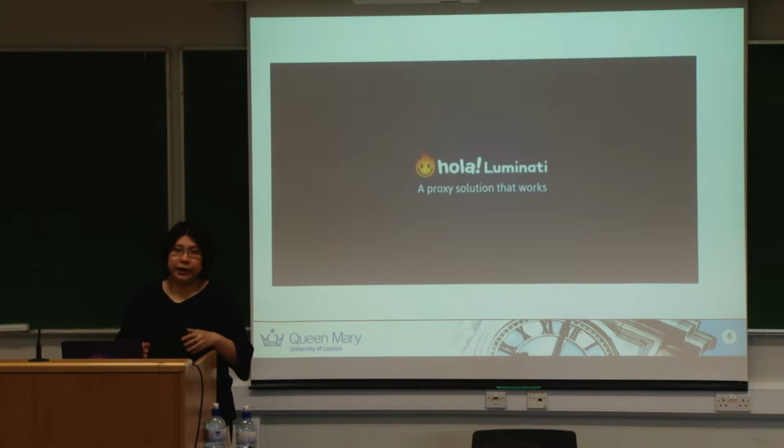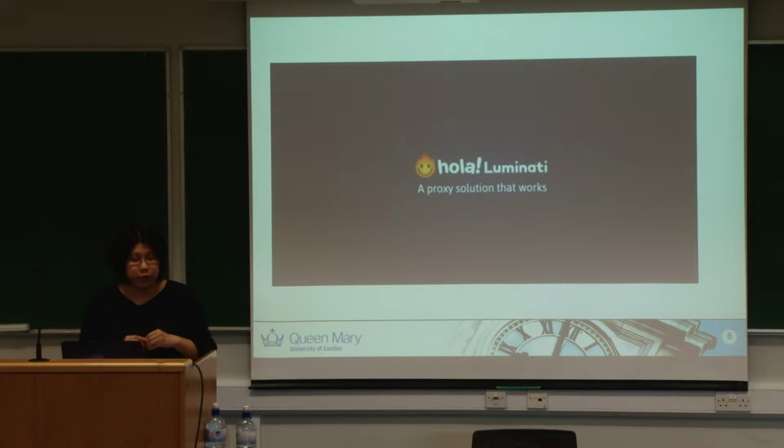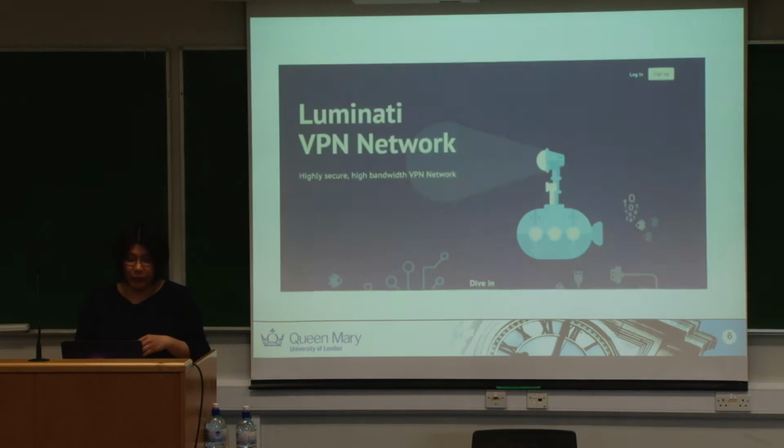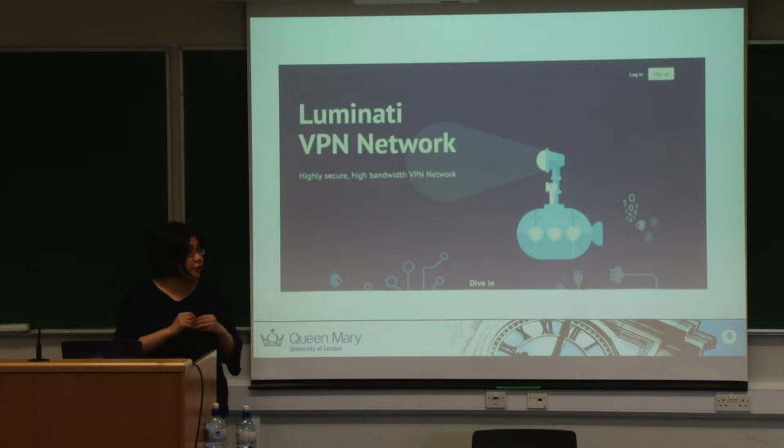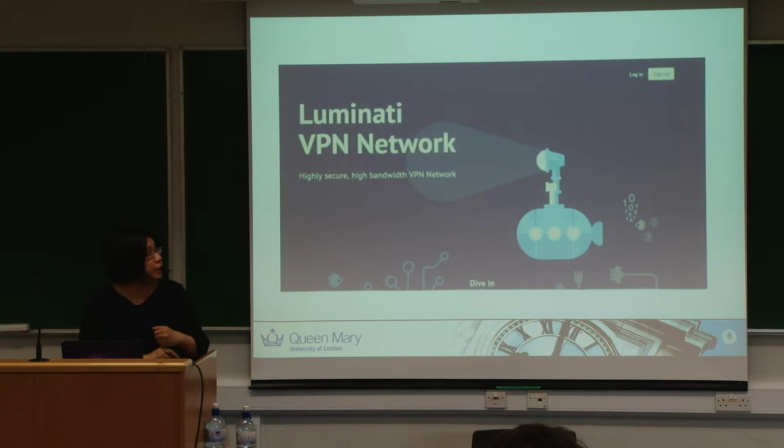Illuminati is a paid service which is based on the Hola network. And for Illuminati, we could set the country code inside our request, and the super proxy will select its country peers for us. And with Illuminati, we could make sure our request is launched from the country peers.